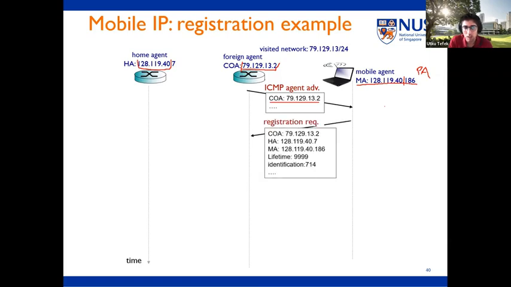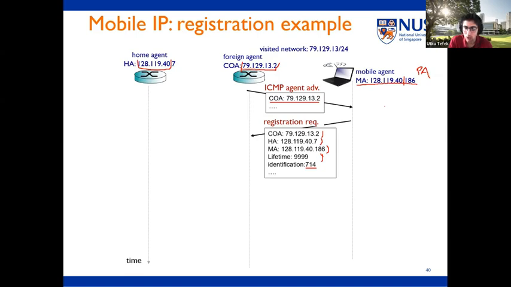And then the mobile agent starts the registration process. It sends a registration message to the foreign agent with these fields: the care of address, the address of the home agent, and the permanent address of the mobile, and some lifetime, how long this care of address will be valid for, and just some identification that will be repeated in every following message.